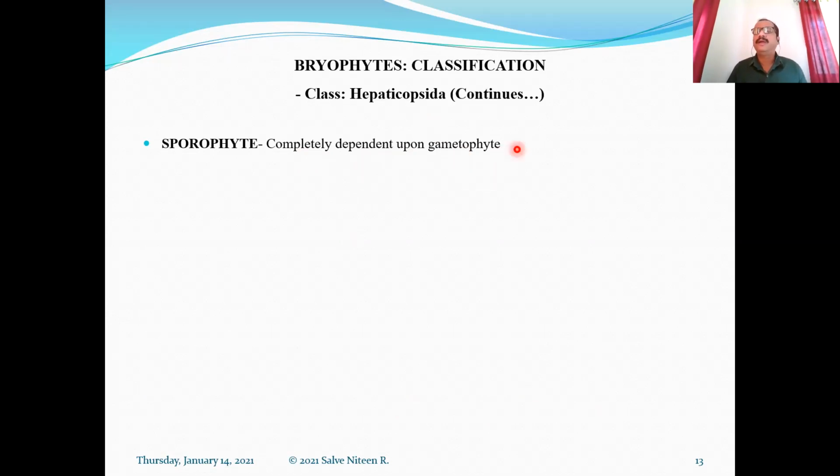So it cannot prepare its own food material due to absence of chloroplast, chlorophyll. Therefore, it has to depend on the plant body for physiological functions also. So it is totally dependent. Sporophyte is totally dependent upon the gametophyte or plant body in case of Hepaticae members.